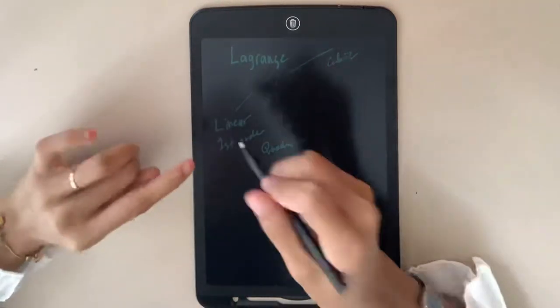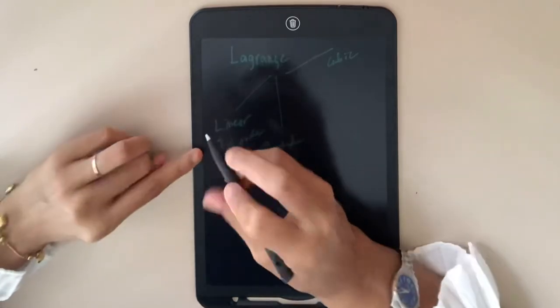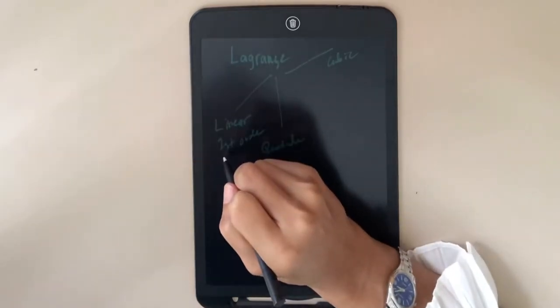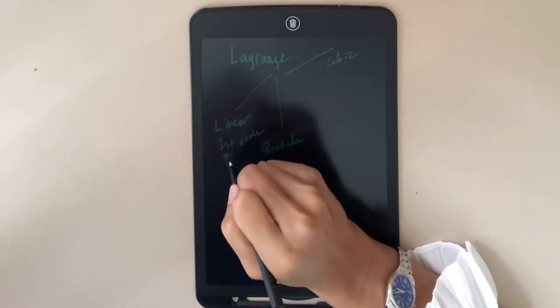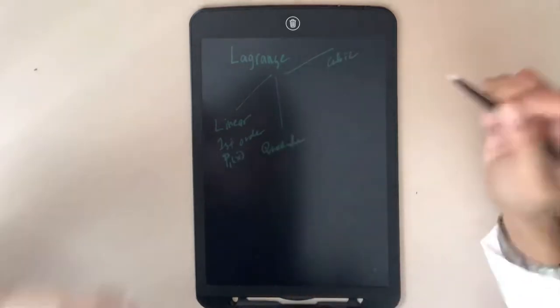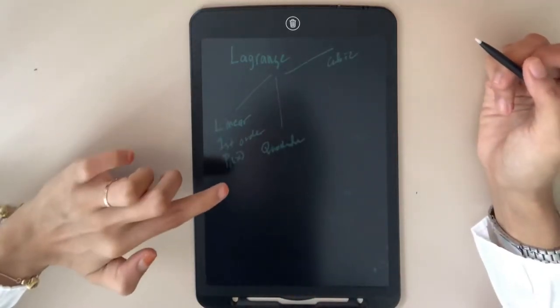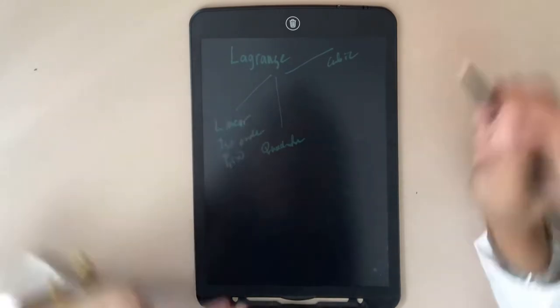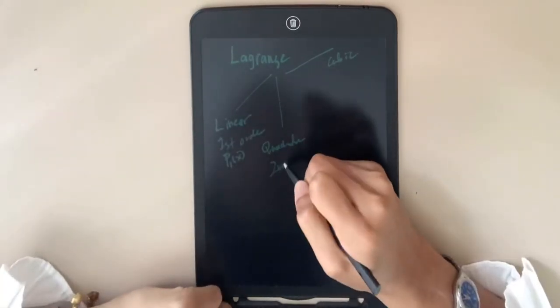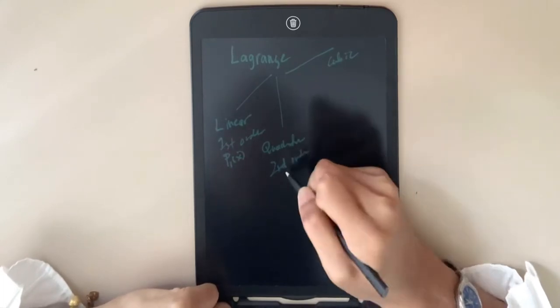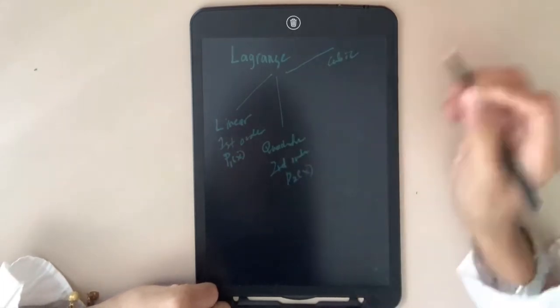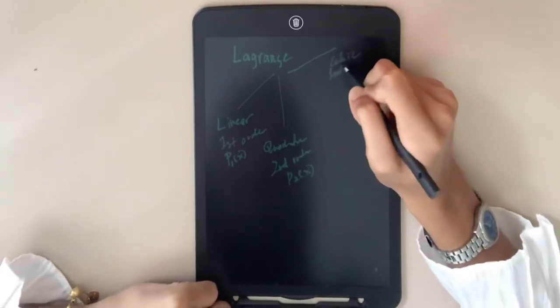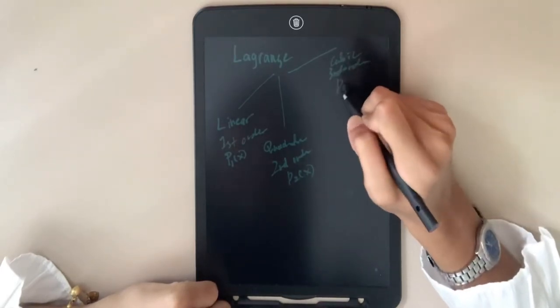And then one more term that you will see is P1(x), for example. So 1 here represents first order or linear. For quadratic, it can be second order and also P2(x), and cubic will be third order and also P3(x).